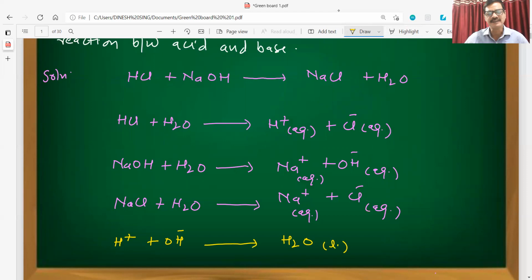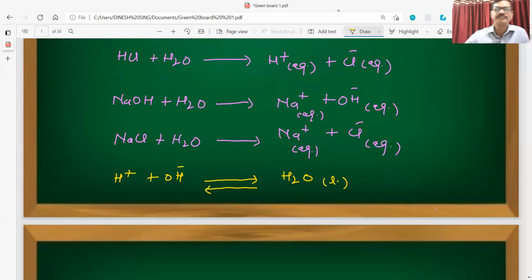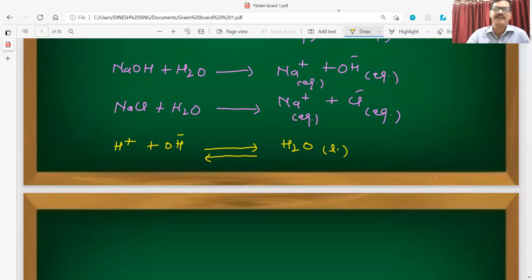So equilibrium is there because this is now the reverse equilibrium of ionization of water. The actual equilibrium is between H positive and OH minus, and this is the ionization or dissociation of H2O, reverse equilibrium.